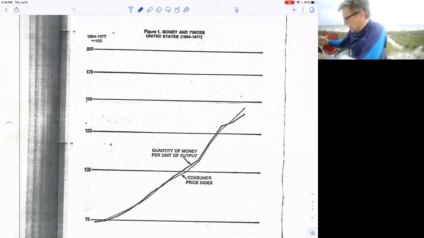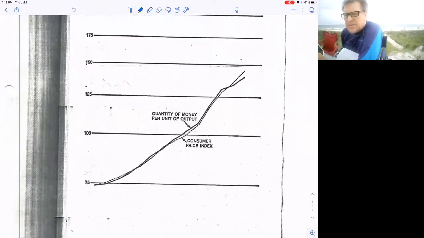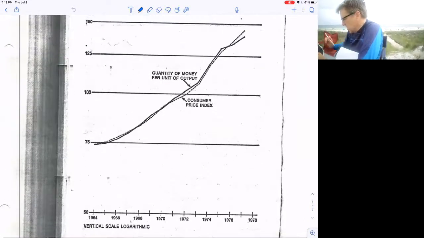So the solid line there was the amount of money, and the dotted line there is the consumer price index, which is a measure of prices that we'll go over later on in this module. And it showed that there was a close correlation between the two for those years, 1964 to 1978.